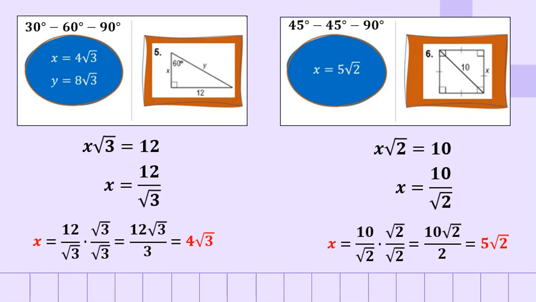So do the reverse process if you will look for the legs and the hypotenuse is given. Meaning 10 here in number 6, the diagonal of a 45, 45, 90. It's 45, 45, 90 if the two sides are equal. So 10 divided by square root of 2. You rationalize. So that's basically 10 divided by 2. That's 5. And then times square root of 2. So we have 5 square root of 2 for number 6.